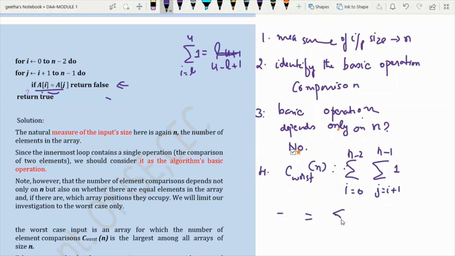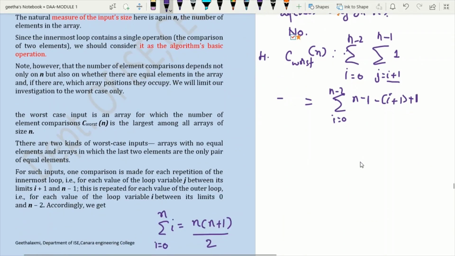Now this is equal to summation i equal to 0 to n minus 2 of upper limit n minus 1 minus lower limit i plus 1, plus 1, which is equal to summation i equal to 0 to n minus 2 of n minus 1 minus i minus 1 plus 1.